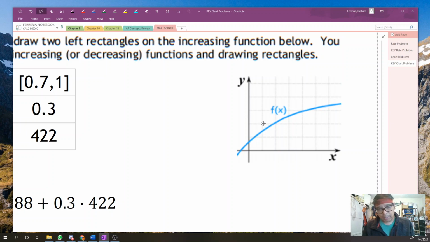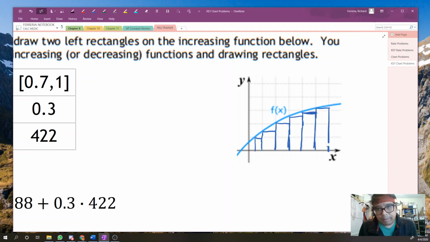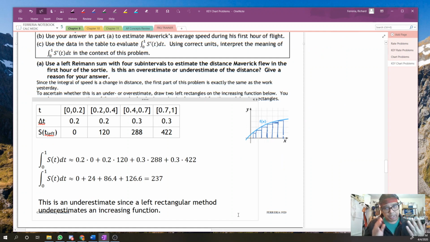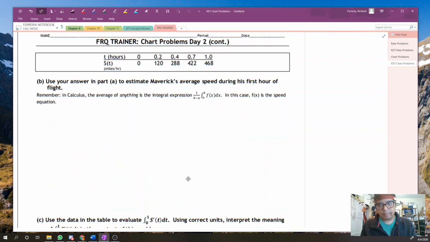So what do the left rectangles look like? You don't need to draw nearly as many as I did to realize that an increasing function combined with a left rectangular method is going to produce an under approximation. When you write this down, you just need to say as such. It's an underestimate since the left rectangular method underestimates an increasing function.